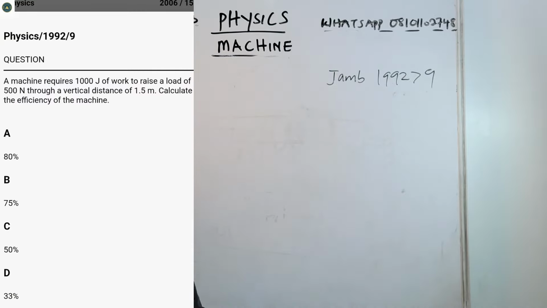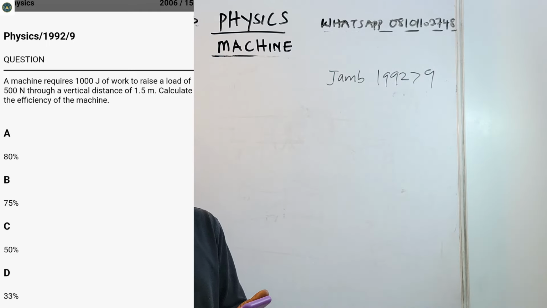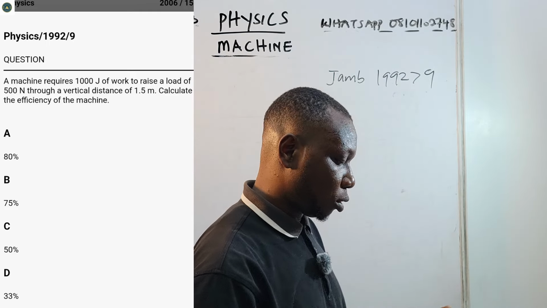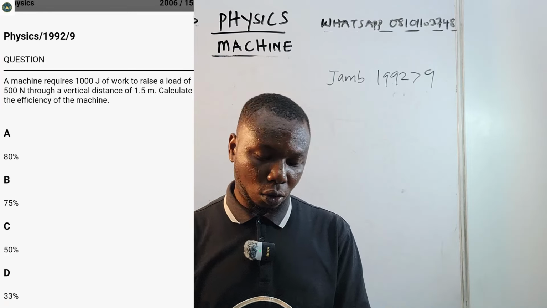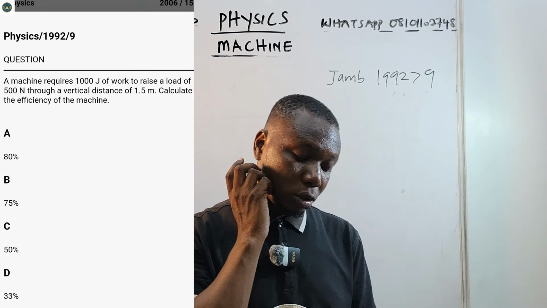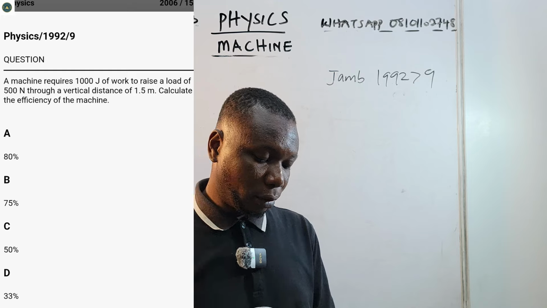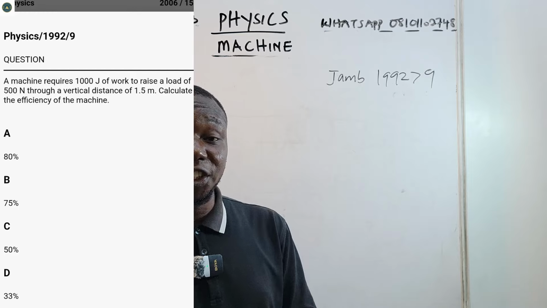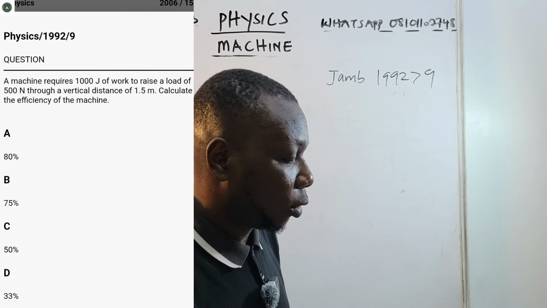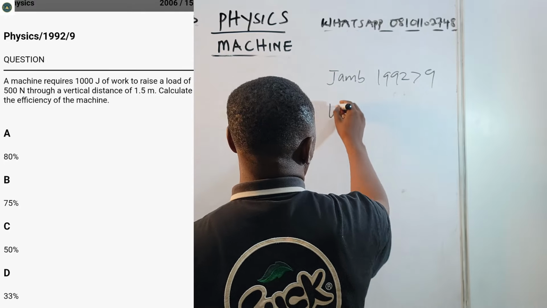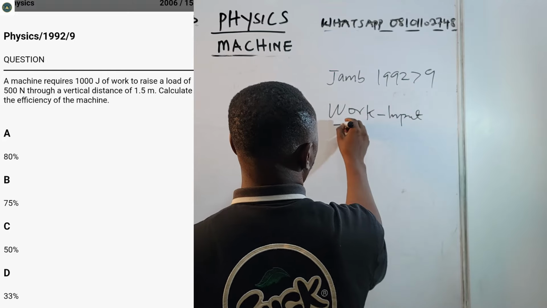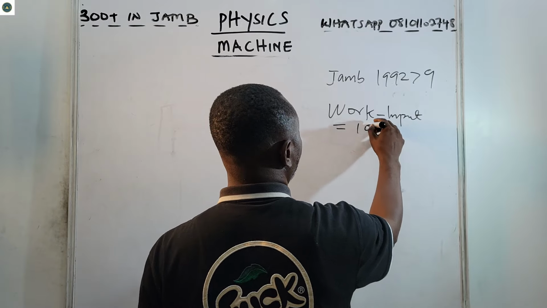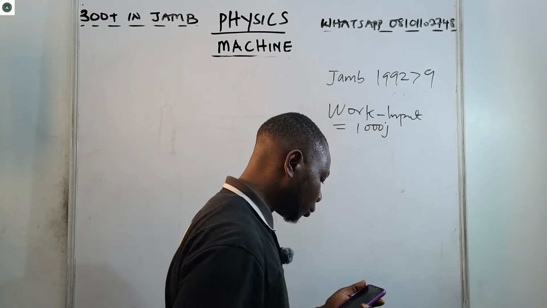Question 9 says, a machine requires 1,000 joules of work to raise a load of 500 Newton. Now, a machine requires 1,000 joules. That means that is work input. So it means the work input is 1,000 joules.